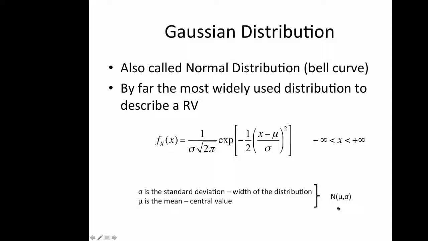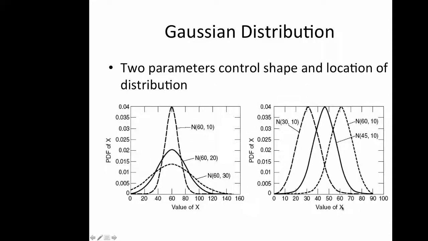These two parameters control the location of the distribution and its shape. So turning our attention here to the left-hand figure, we've got our PDF plots of three different distributions. These are all normal distributions with a mean of 60 and the standard deviations of 10, 20, and 30. So notice the general shape of the Gaussian distribution is symmetrical about the central value.